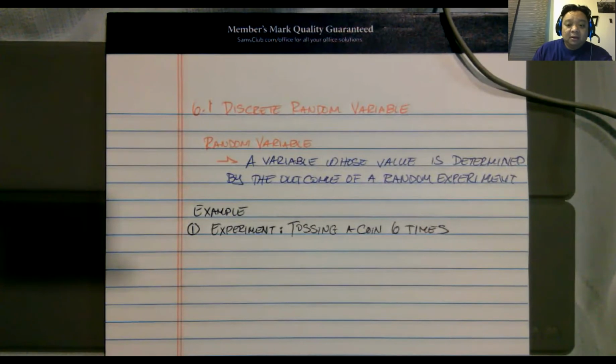Okay. So that's our experiment. Now, remember, we are talking about numerical here, so it has to be a number. And so you're going to have to define what your variable in this case is going to represent.